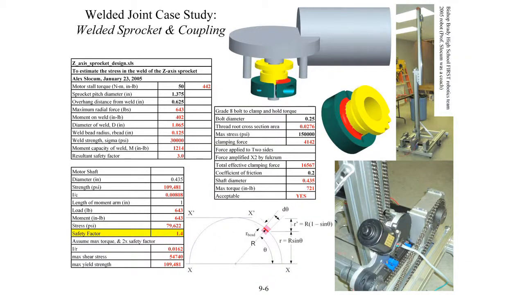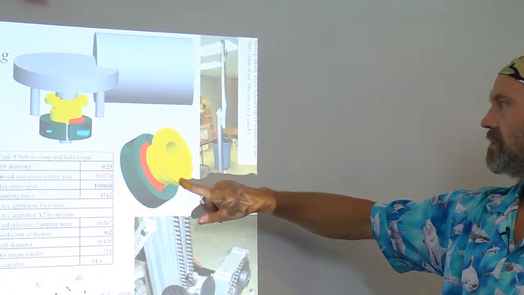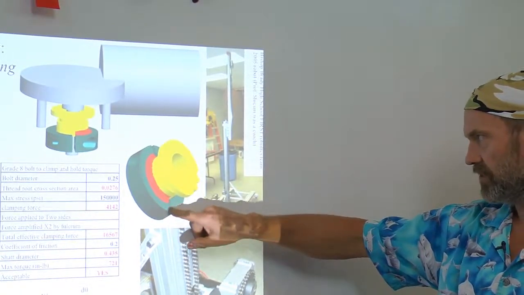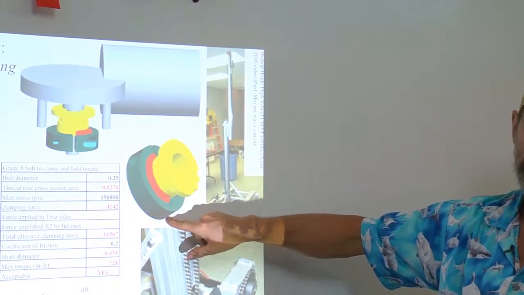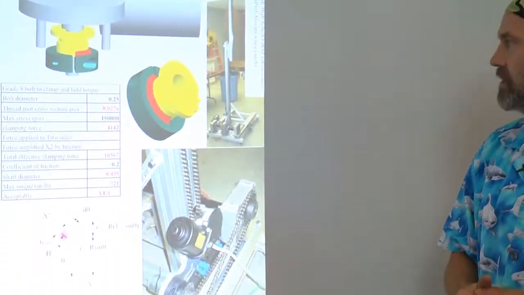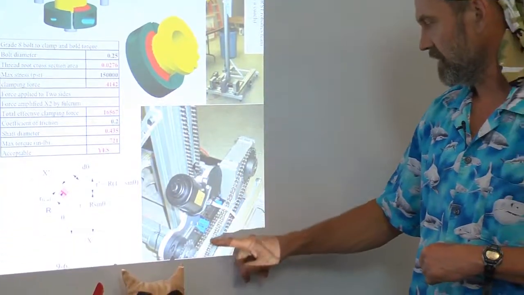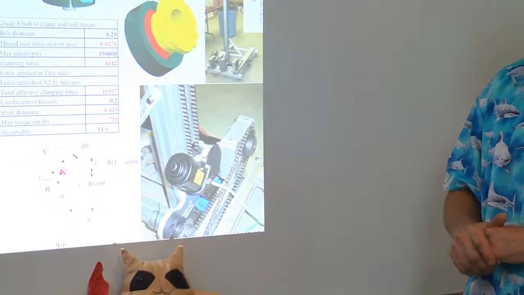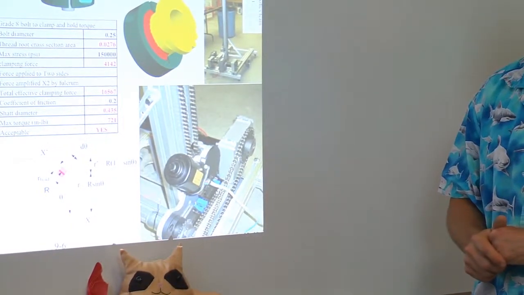So consider how you design a welded structure or welded parts. This little case study here is from a sprocket that had to get welded to a squeeze type coupling that could be attached to the shaft of a motor, such that the system would then drive a chain. This is from a FIRST Robotics machine from some years ago.